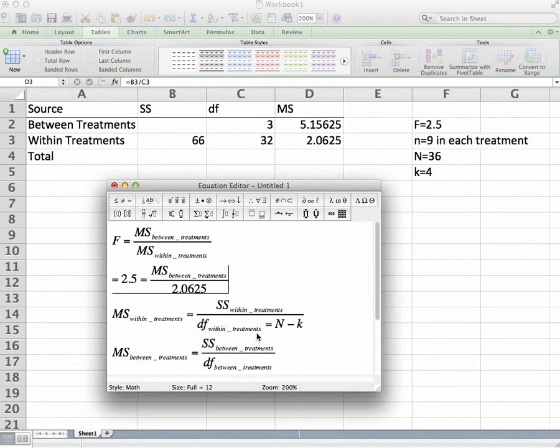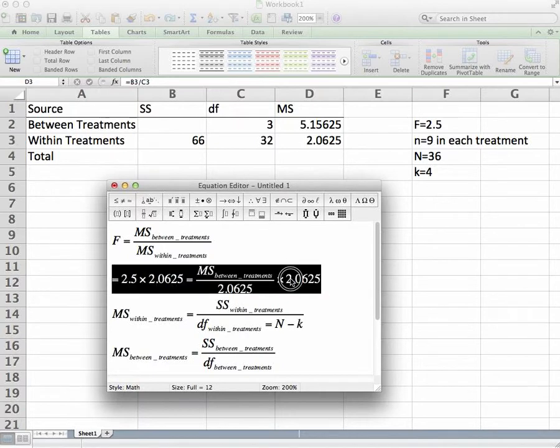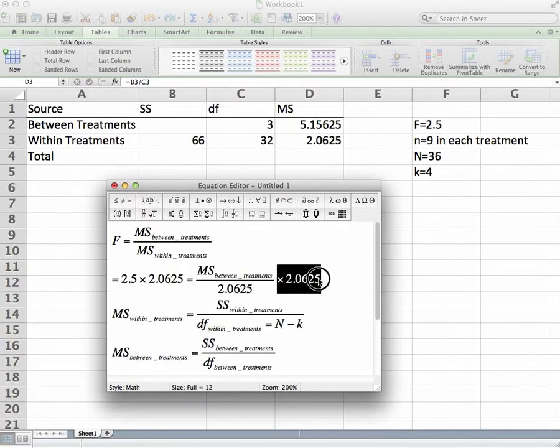Well, I'm just going to multiply 2.0625 on both sides. It goes on this side of the equation, goes on that side of the equation. And when we do that, these two cancel out. And there you go. It's MS between treatments is equal to the product of F times MS within treatments.